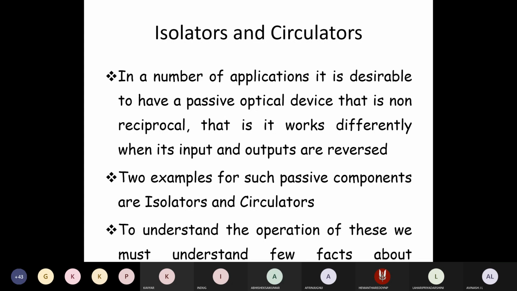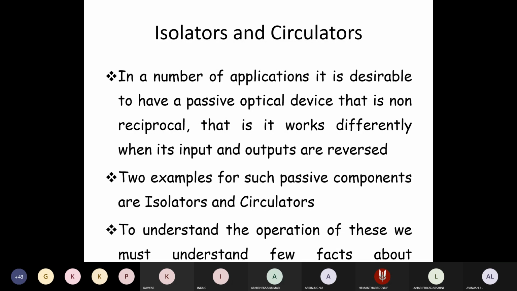That is, it works differently when its input and outputs are reversed. When you send a signal from input to output, you encounter one behavior. When you reverse the action, it will work in a reverse way. The same way it will not work. That is exactly the meaning of isolators and circulators.